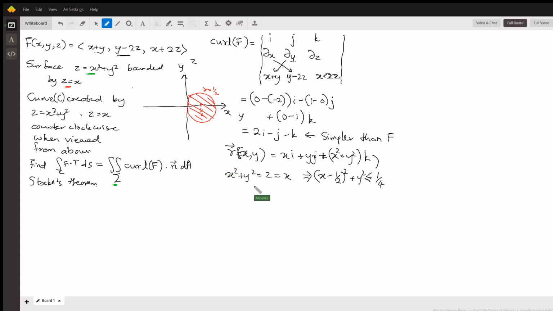But to make our computations easier, let me erase this stuff. I'll reparameterize this.